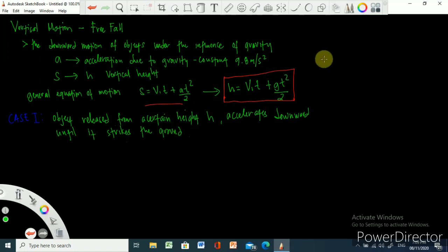So, paano yon? If we will draw a free body diagram, so let's say, for example, an object is a ball. Ano? So, drop from a certain height H. Accelerates downward before it strikes the ground. Okay? So, ito yung height niya.